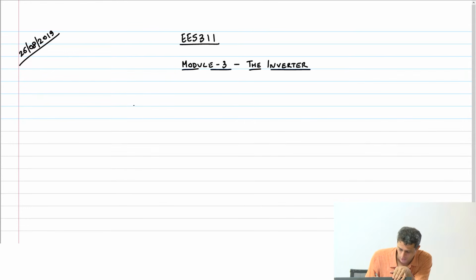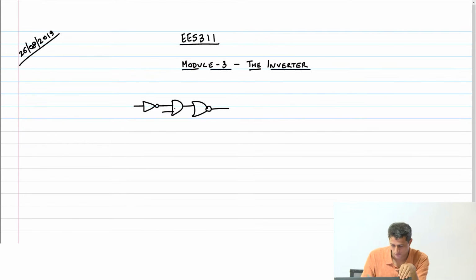Logic gate, as we know, for example, if I have an inverter driving an AND, driving a NOR, and so on. These gates we are already familiar with. Each gate, as you have seen now, the input to a transistor is basically to the gate, which means that you will see some capacitance at that node.